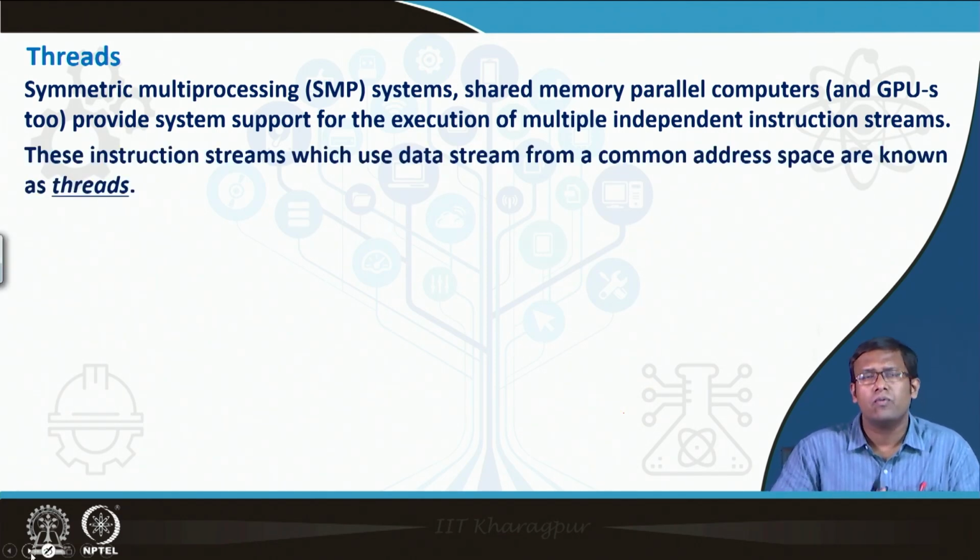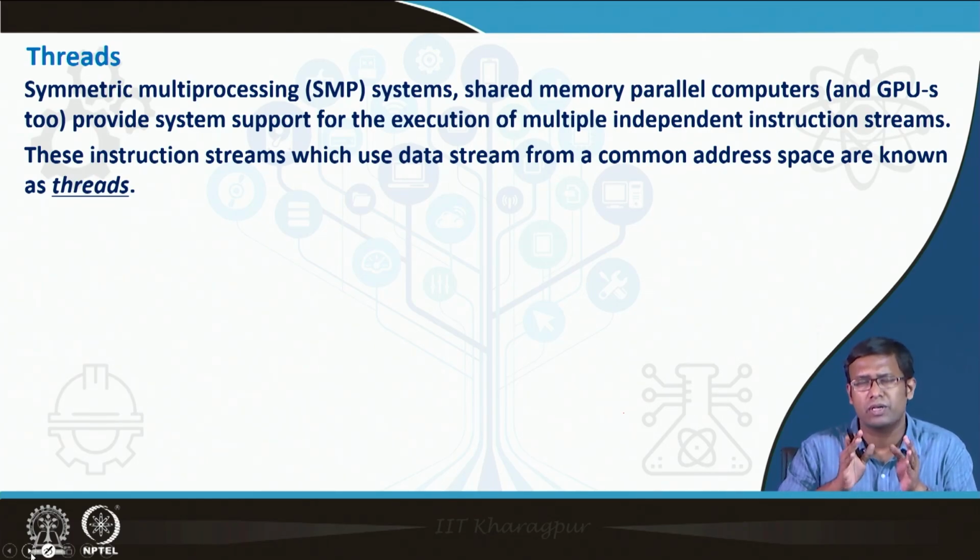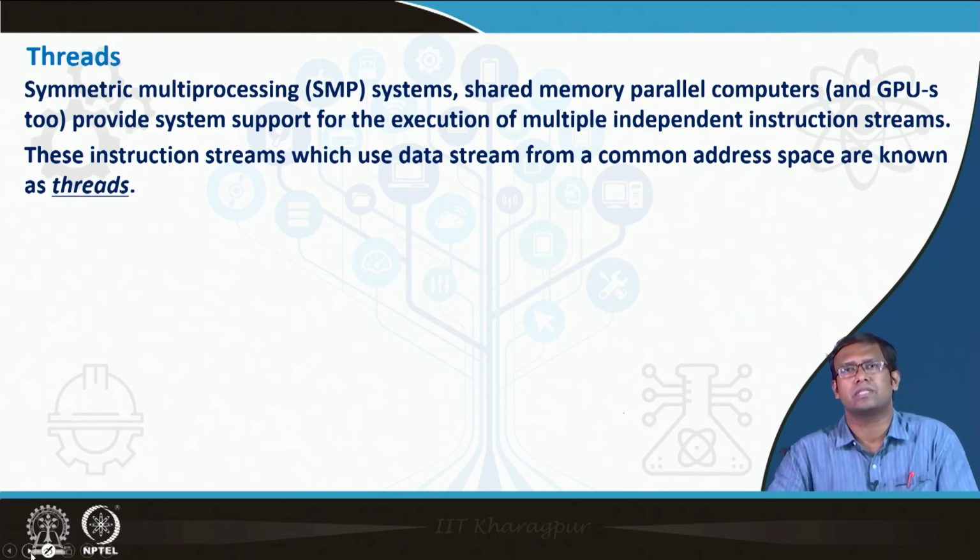And now each processor is executing its instruction stream on its own, and there are multiple processors, each executing independent instruction streams. These instruction streams, which use data streams from a common address space, are known as threads.